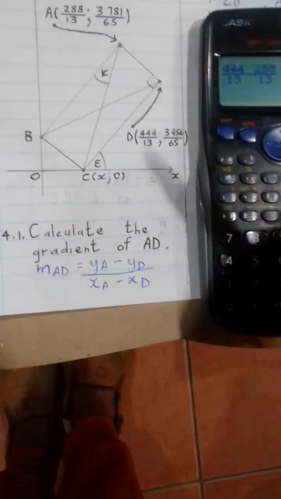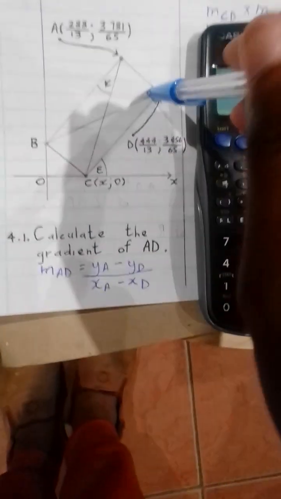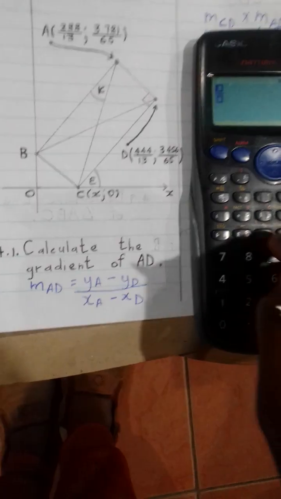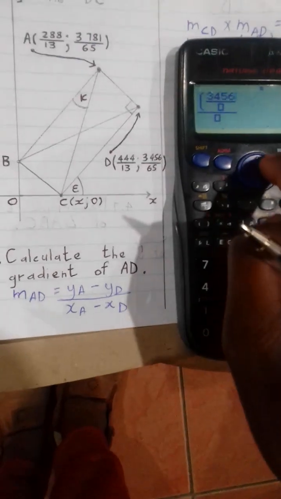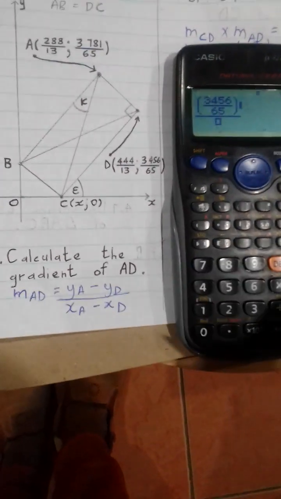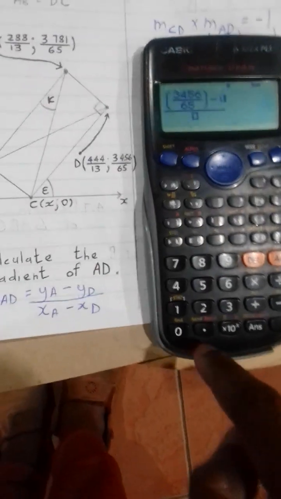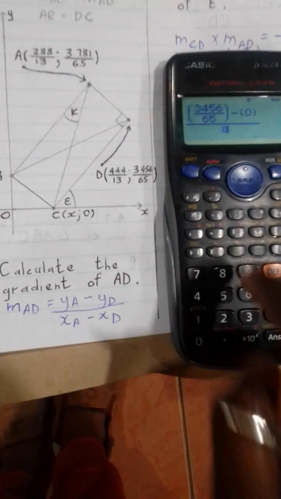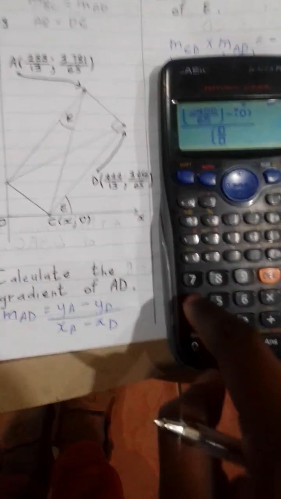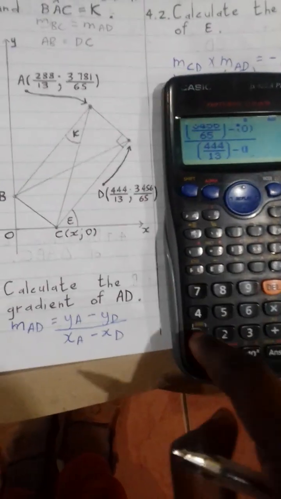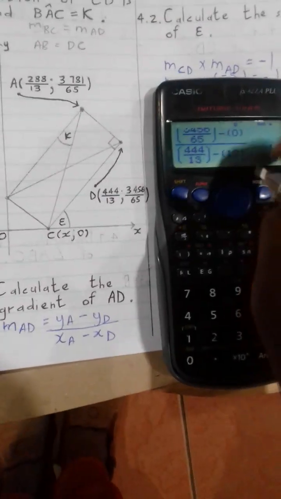Verification is important. Where there's X, we put 12. So gradient of CD is YD 3456 over 65 minus YC, which is 0, over XD, 444 over 13, minus XC, 12, which is 12 over 5.